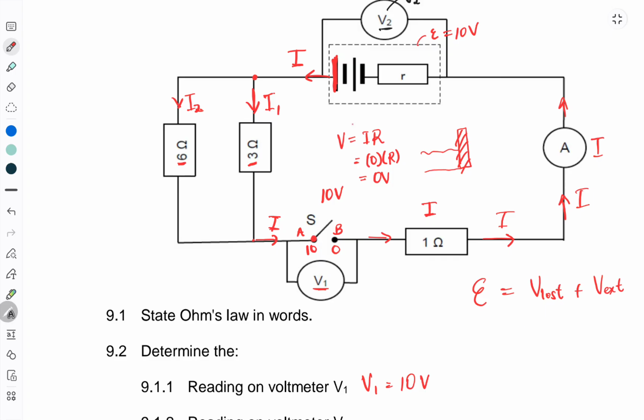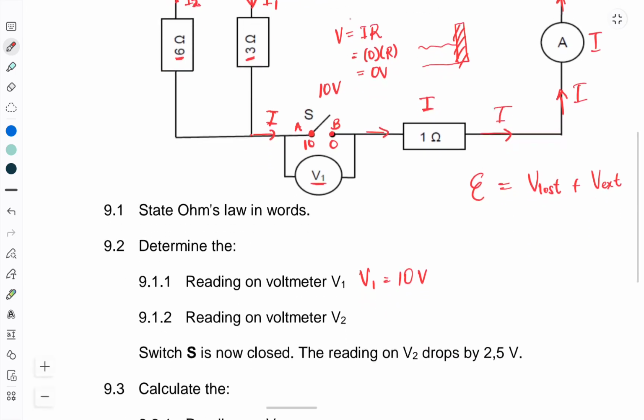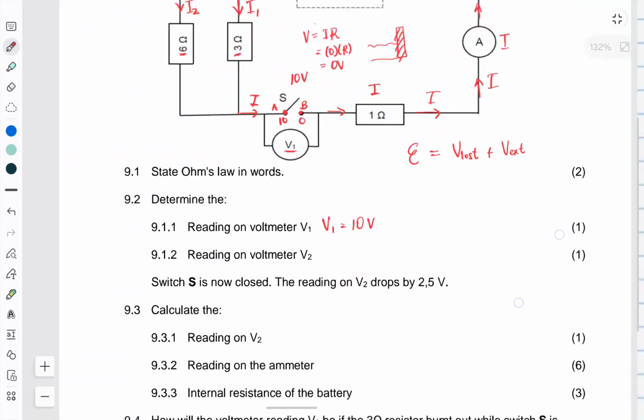So it gets to A. It can't pass through to B. So that means at B you have 0 volts, but at A you have 10. So the potential difference now becomes 10. Because remember, that's what a voltmeter measures, or that's what voltage is. It's a potential difference. Okay, so that's basically the logic.